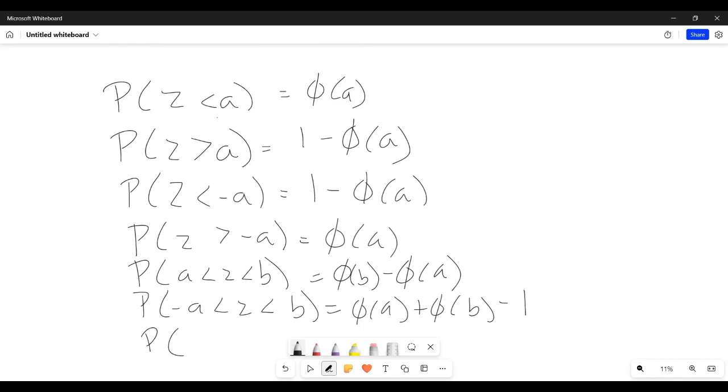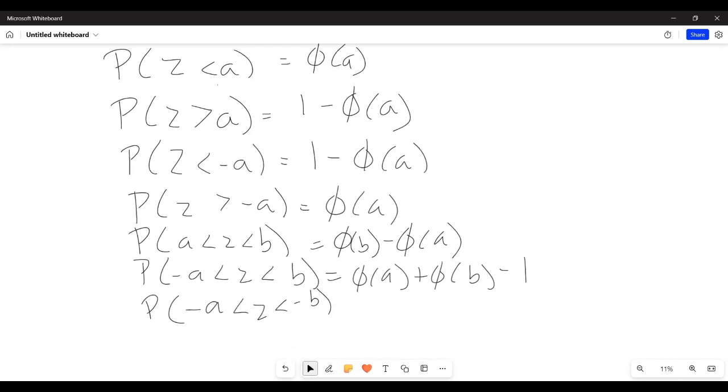Then probability Z is between two negative values is just phi A minus phi B.